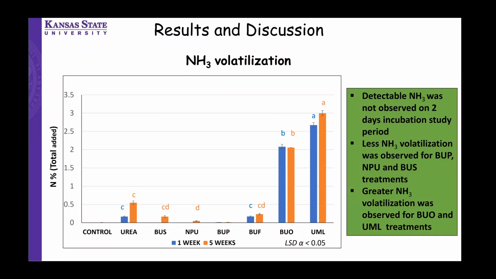So the results will tell us a couple of important things then. So the first data slide I'm showing from the group in agronomy will tell us about the release of volatile ammonia.